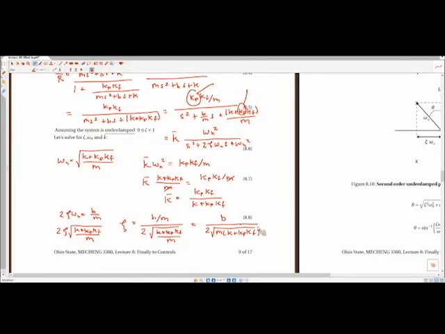Okay, so again, kp, this term that's very easy to change, shows up in our expression for zeta. And so we can see if kp gets larger, zeta gets smaller, right? So the system becomes even more underdamped, or the damping coefficient goes down, right?